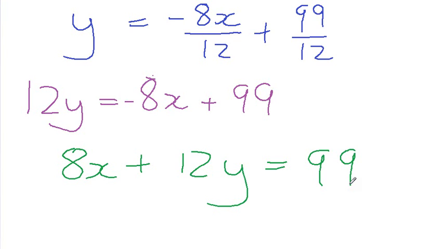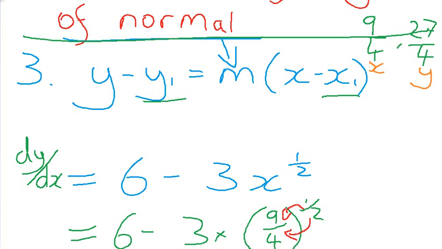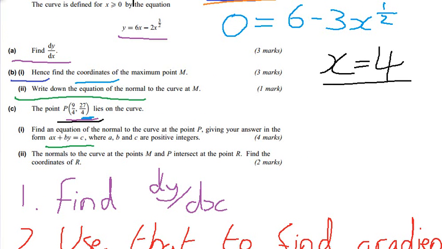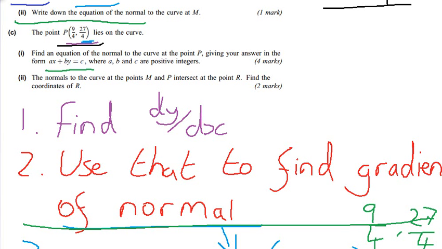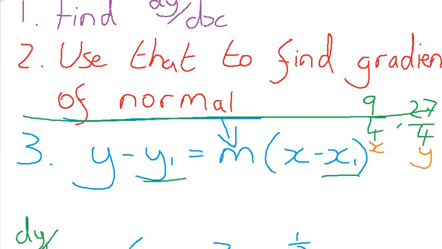So the very last question, I know this is a long question, but the very last question. So the normals to the curve at the points M and P, so the ones we just worked out. So the normal at M is x equals 4, and normal at P is that one that we just worked out, 8x plus 12y equals 99.